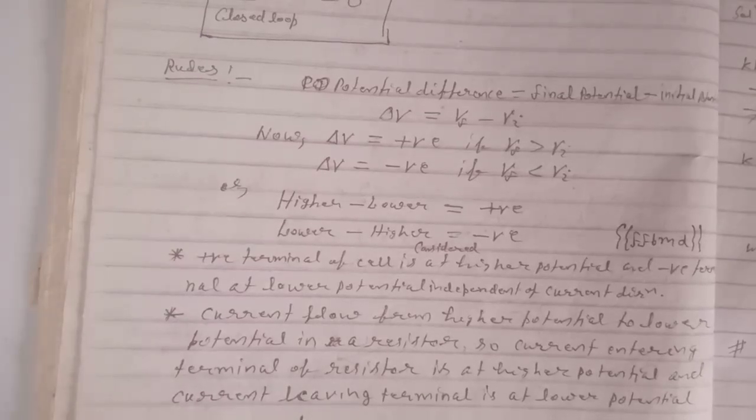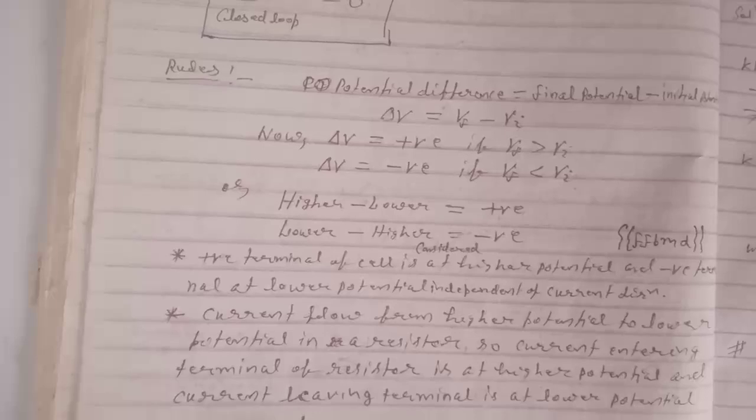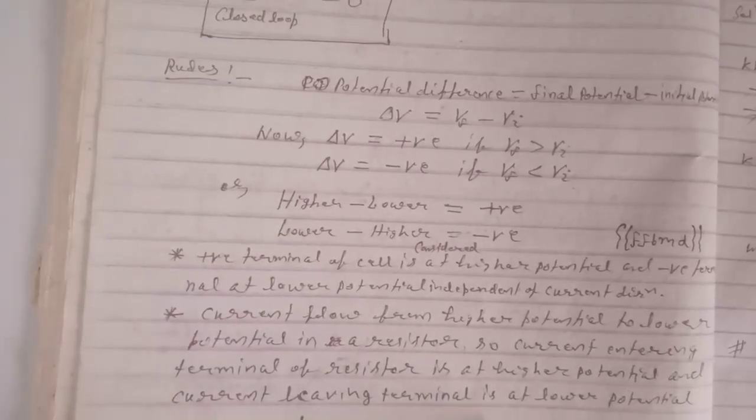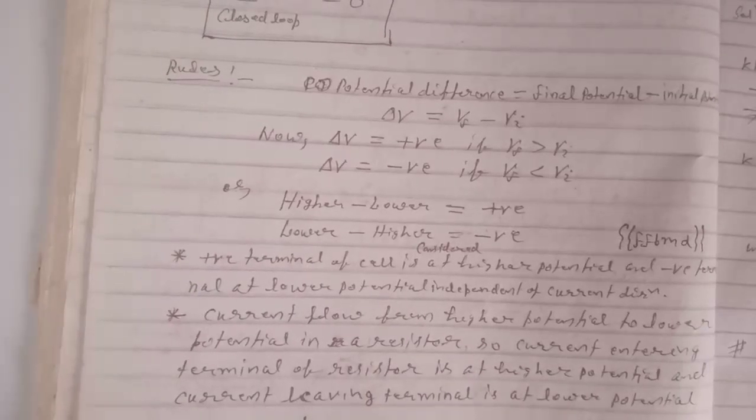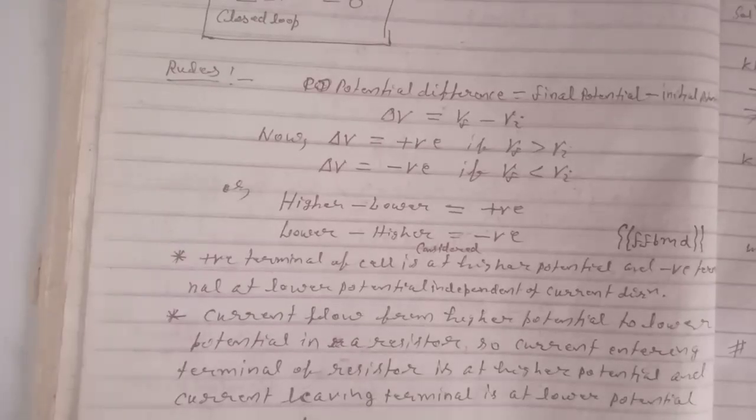This can be considered as follows. This is a cell, with a positive terminal and a negative terminal. So this terminal will be at higher potential and this terminal will be at lower potential, independent of current. Current may be in this direction or in this direction. Again, in a resistor the direction matters: at this point current is entering, so this terminal will be at higher potential and the current leaving terminal will be at lower potential.